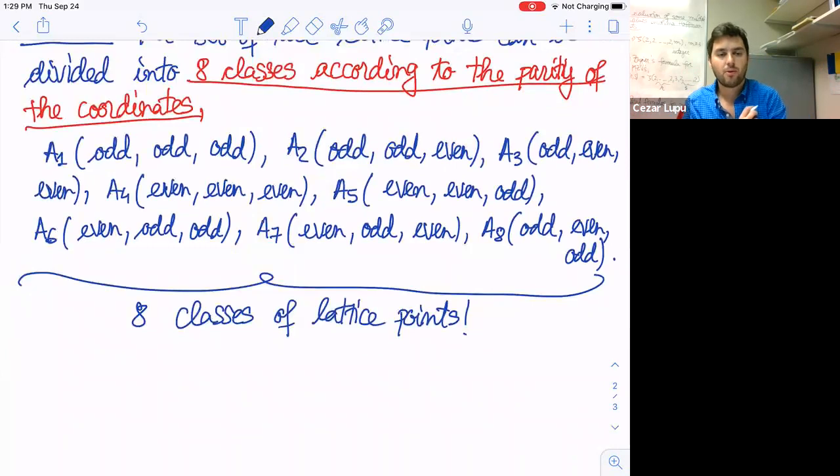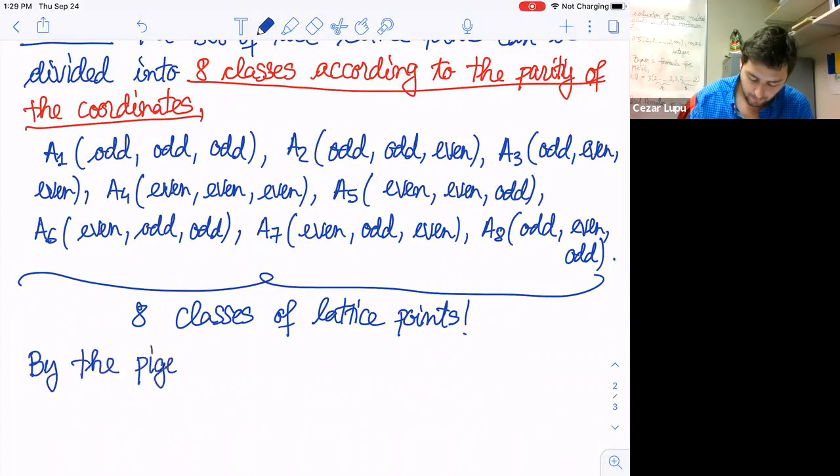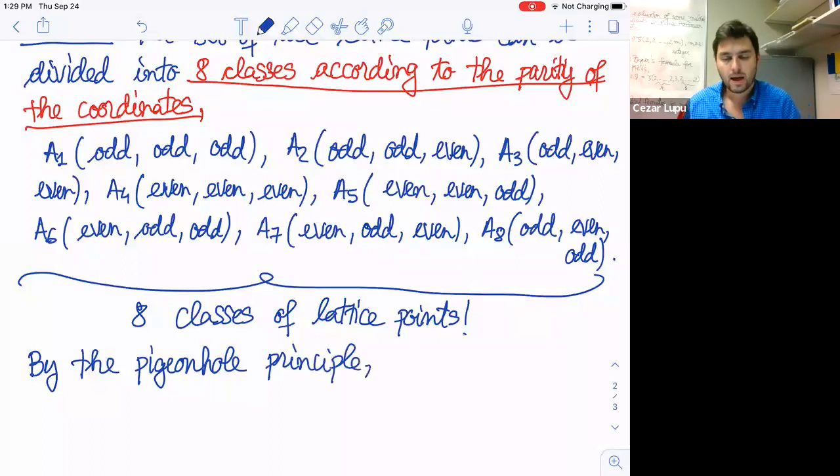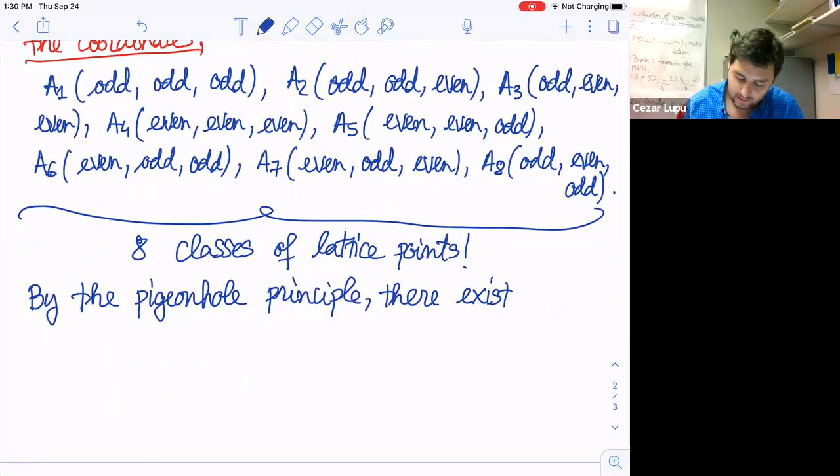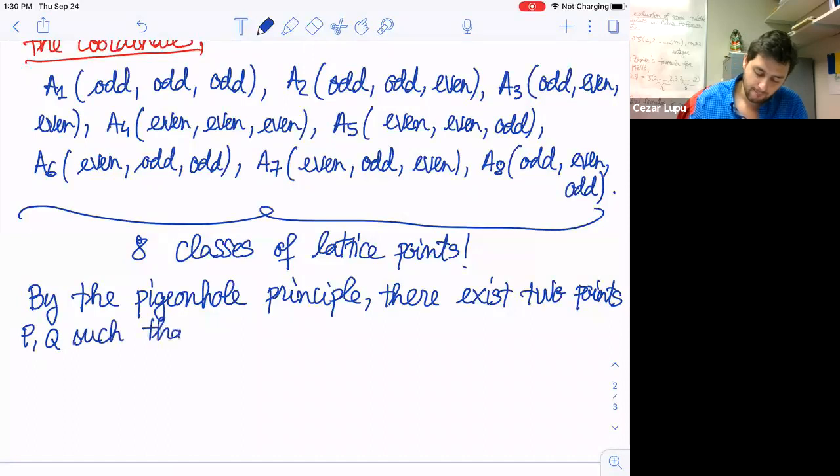Okay. Since we have 9 points, this will imply what? By the pigeonhole principle, there exist 2 points, P and Q, such that they belong to the same class.